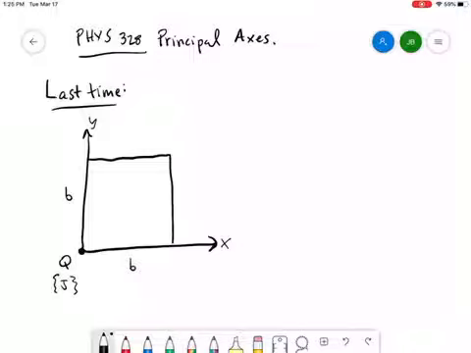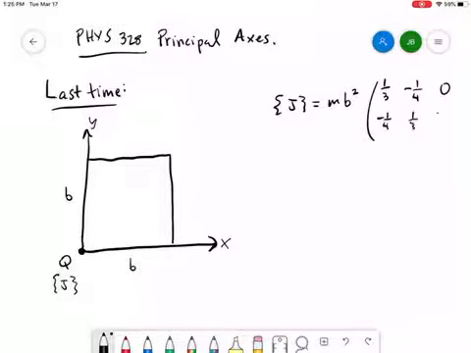And we did that, and what we found was J was equal to m b squared times the matrix 1/3, minus a quarter, 0; minus a quarter, 1/3, 0; 0, 0, and 2/3. And maybe the important thing to notice is that it had some off-diagonal elements.